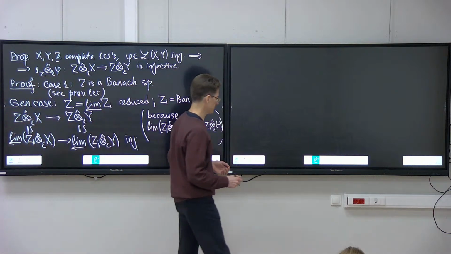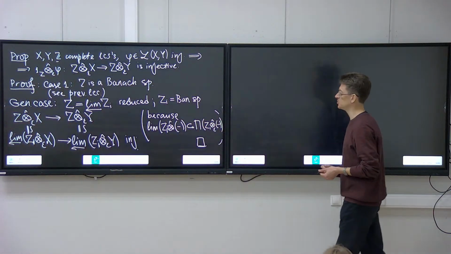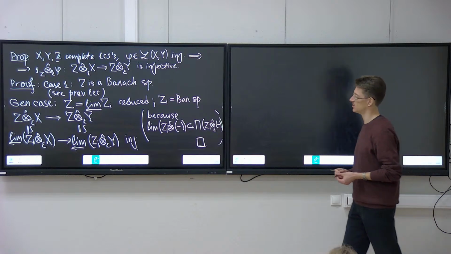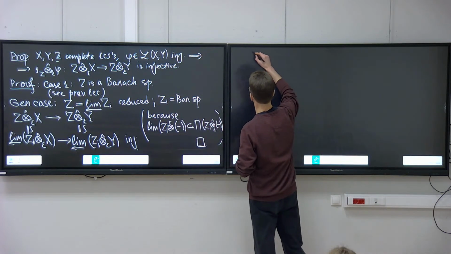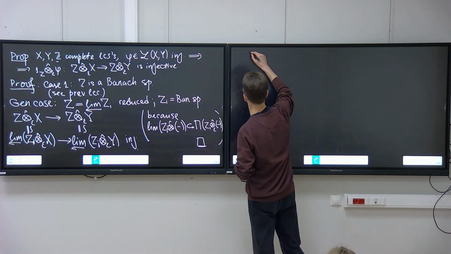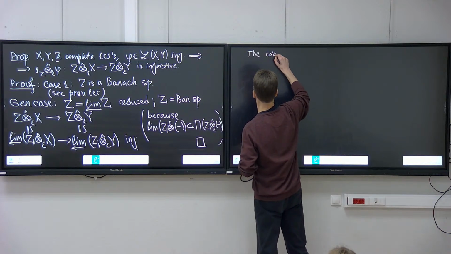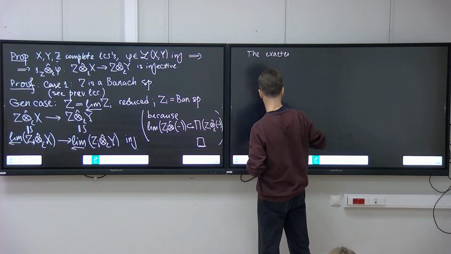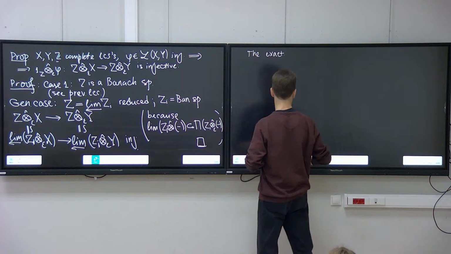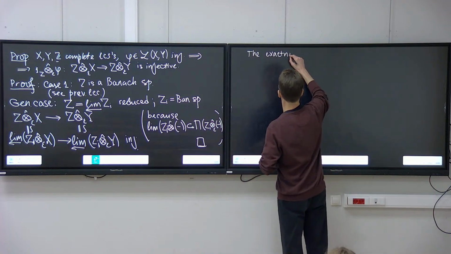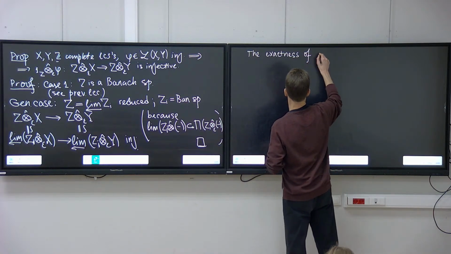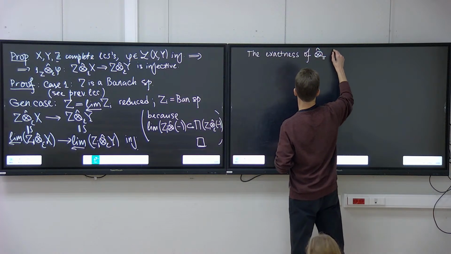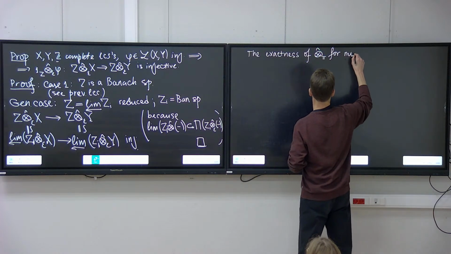As an application of this result, let's discuss a useful exactness property of the complete tensor product, the complete projective tensor product for nuclear Fréchet spaces. The exactness.